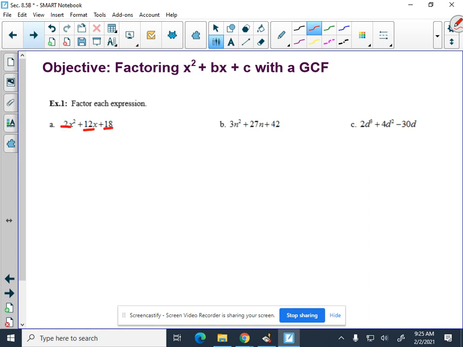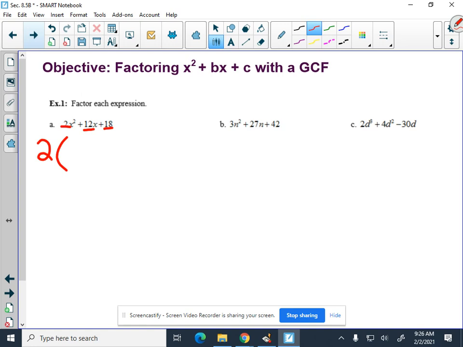With each of these numbers, what number could go into all of them? Remember, it can't be bigger, like 18 can't go into 2. The smallest one is the most. What number can go into all 3 numbers? 2. So we call that the GCF, the greatest common factor. So first we're going to factor that out.